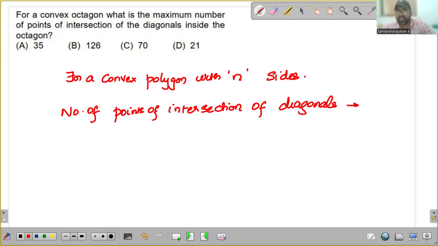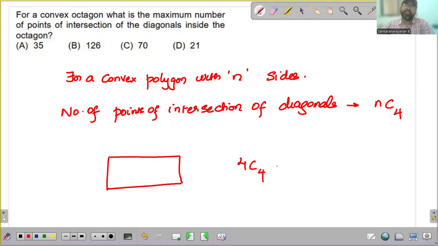The shortcut is nC4. For example, let us consider a square or a rectangle. The number of sides is equal to 4. The number of points of intersection of the diagonals is 4C4, which is equal to 1.